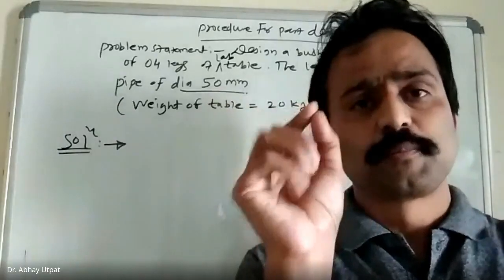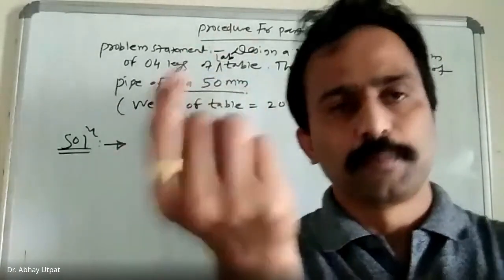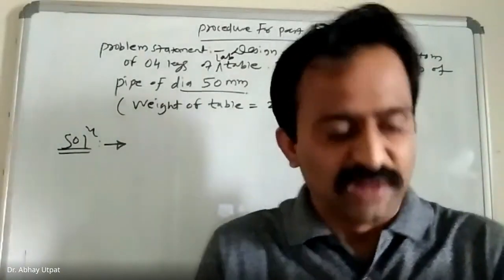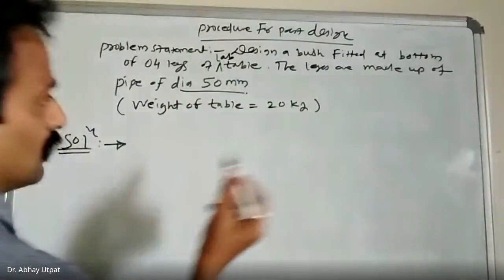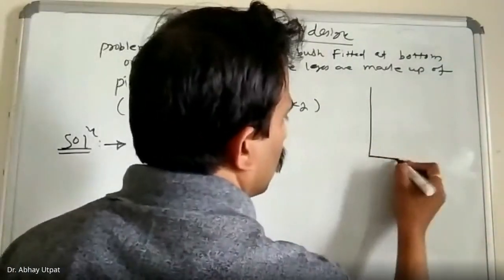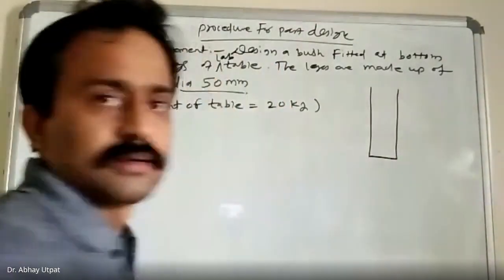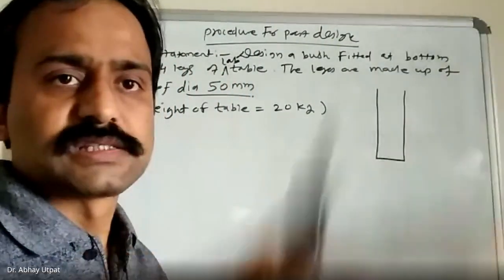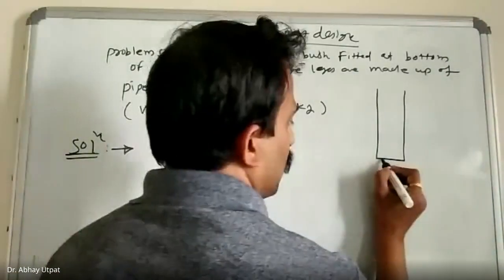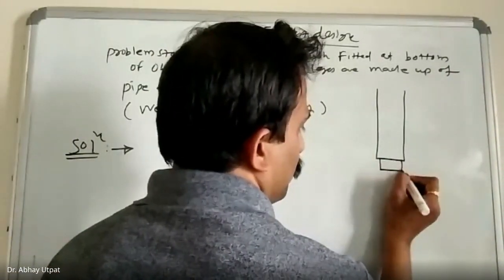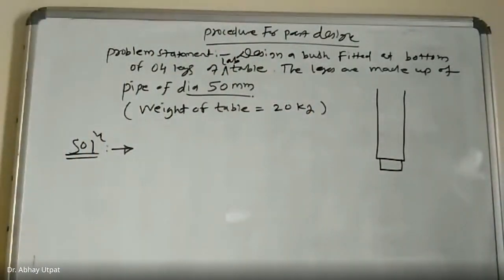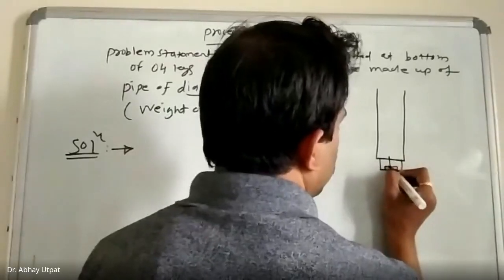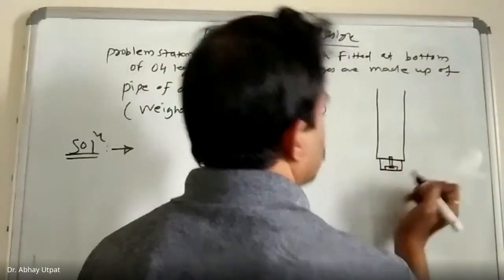If we consider bush is fitted with screw at the bottom, then the table base, or leg base, should be flat. So this is the leg of the table, and here you are required to fit the bush, and then it may be screwed in this way.